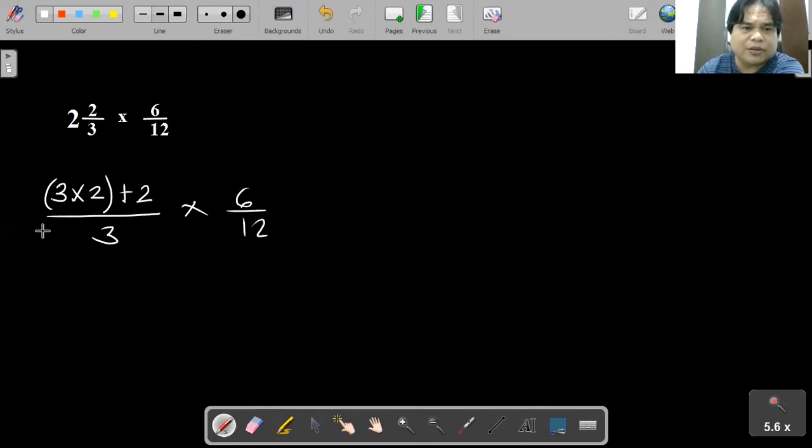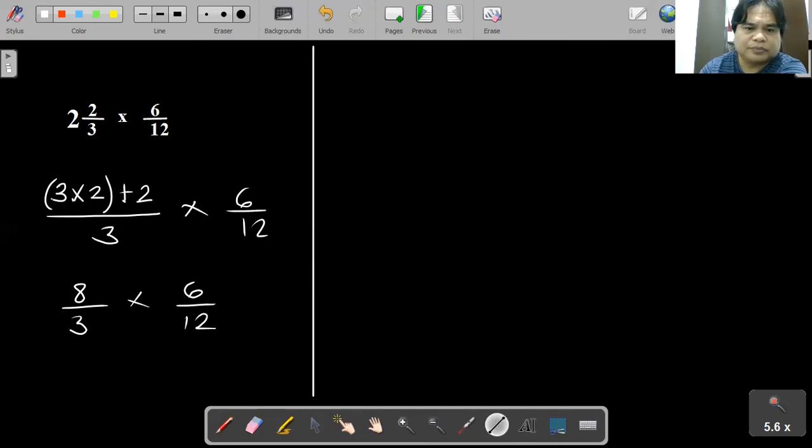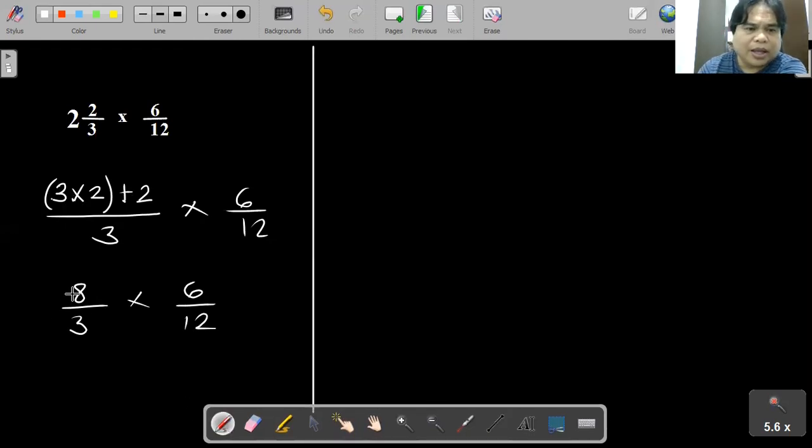Evaluate: 3 times 2 is 6, plus 2, you have 8 over 3, multiplied with 6 over 12. Then simplify: 8 and 12 are both divisible by 4, so this one cancels out, leaving 2 here and 3 there.